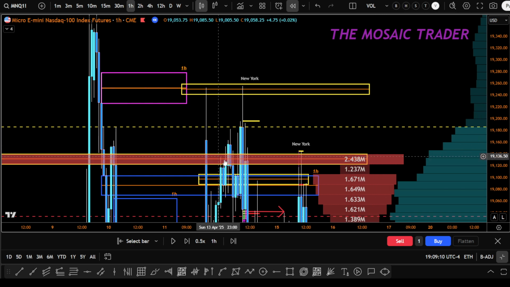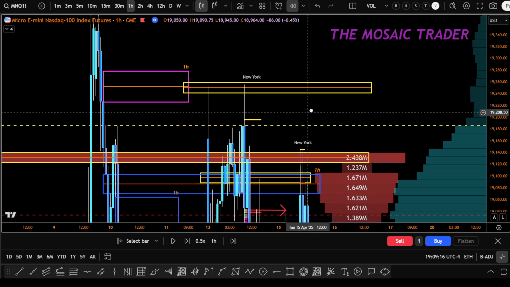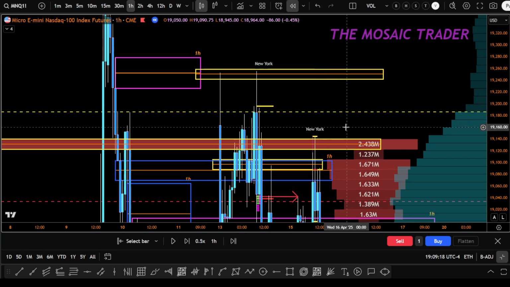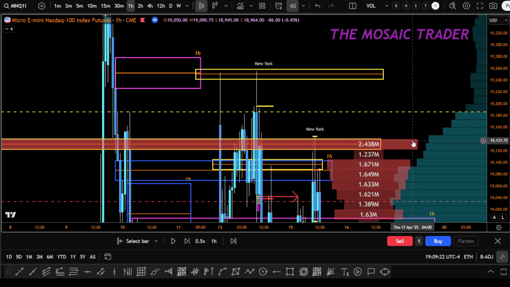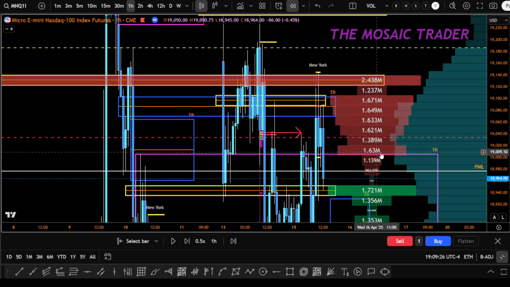Might look a little bit confusing, but it's not. It's just the very basic stuff of ICT and very basic stuff of volume, and also only supply and demand zones, as you can see here in one, and this pink.